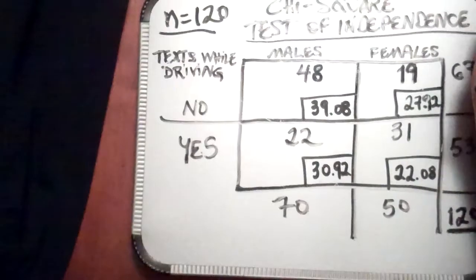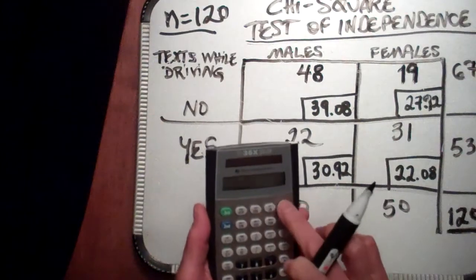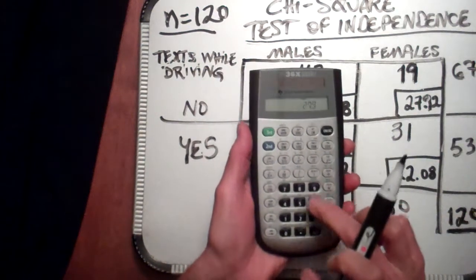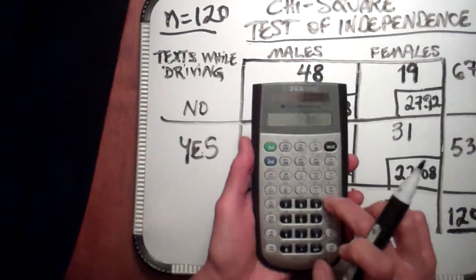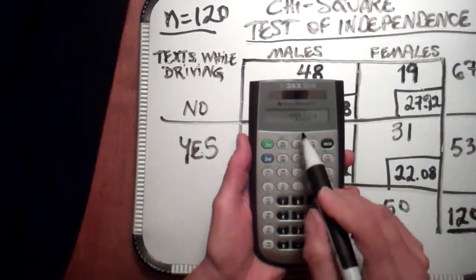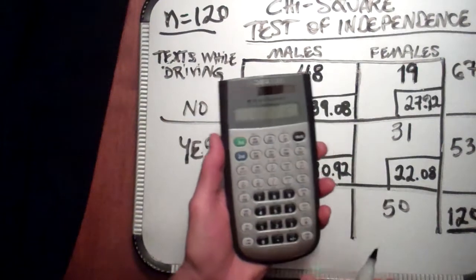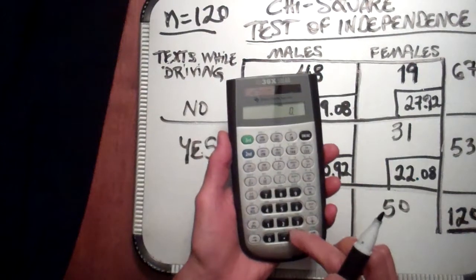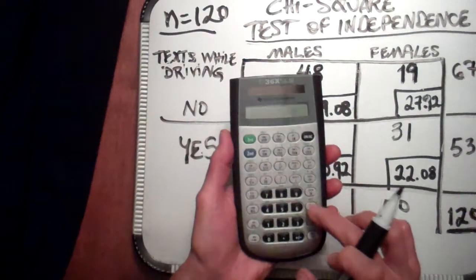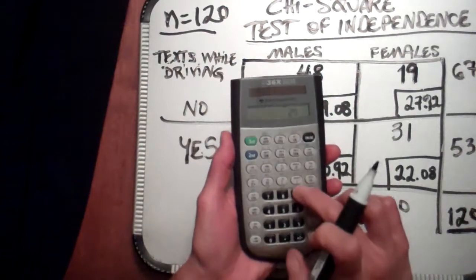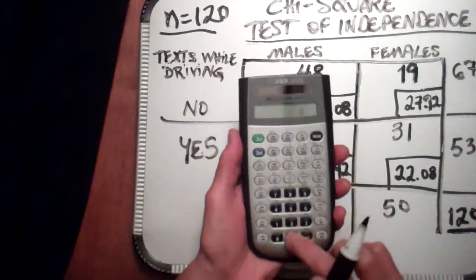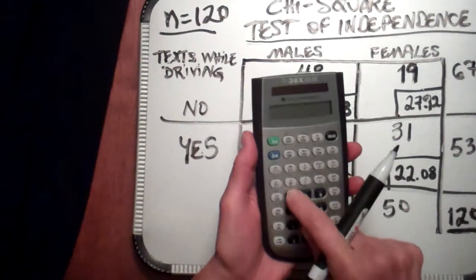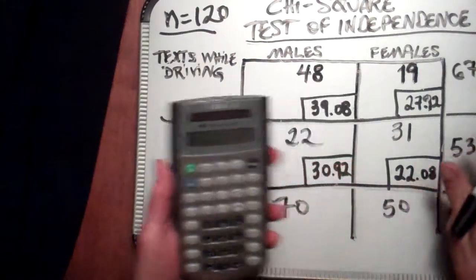Okay, let's do our next cell. Moving across here, we do 19 minus 27.92, which is 7.92. Squared, 62.73, divided by 27.92, and we get a value of 2.85.